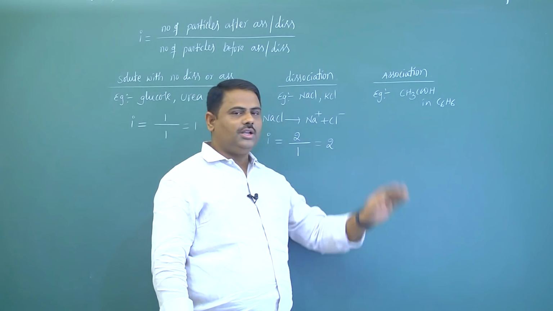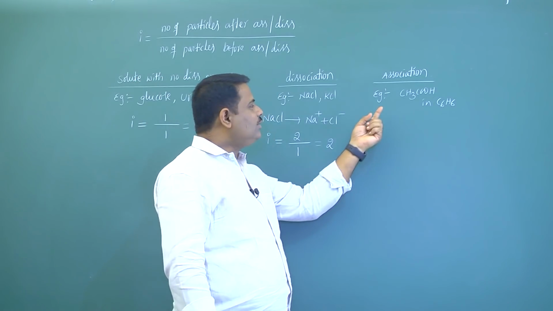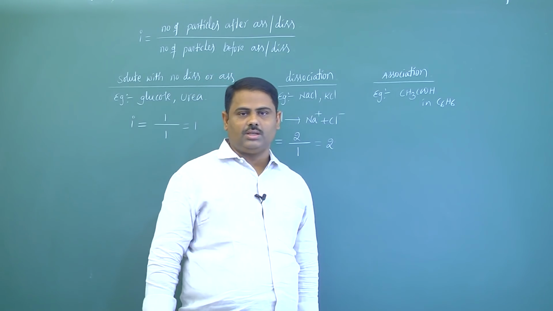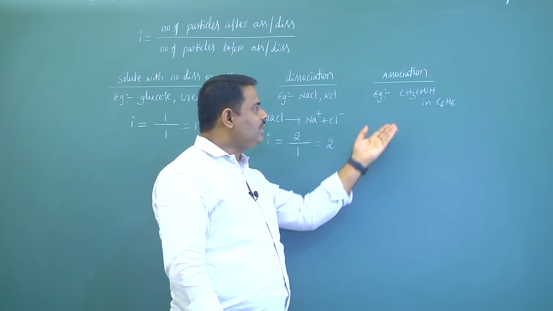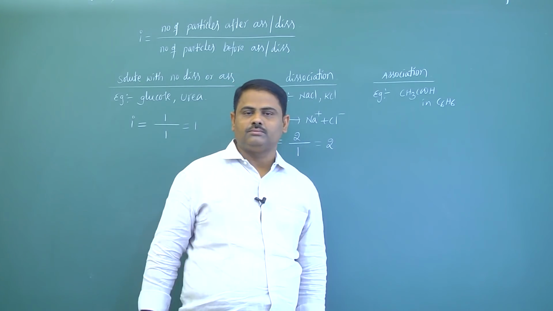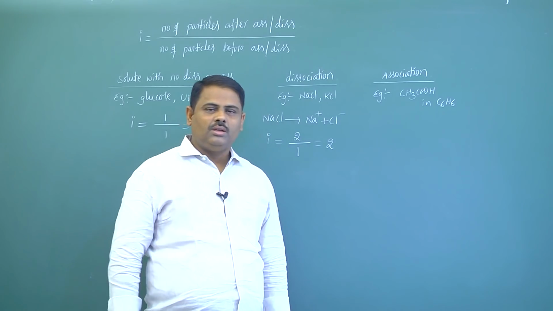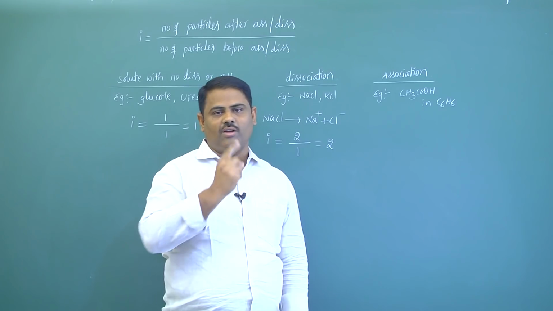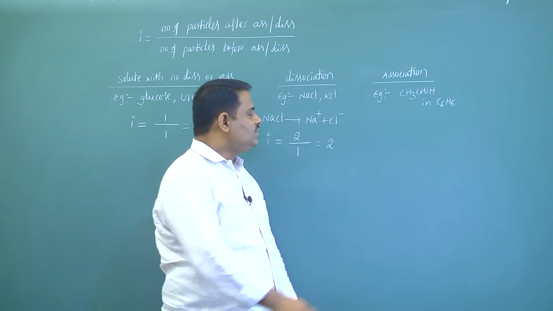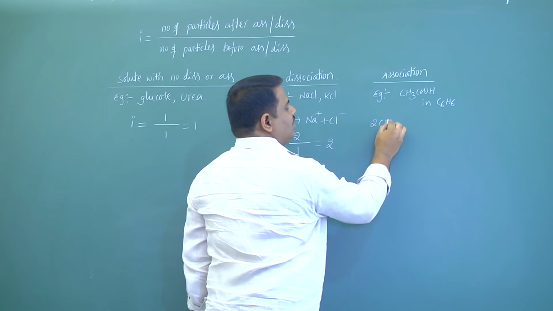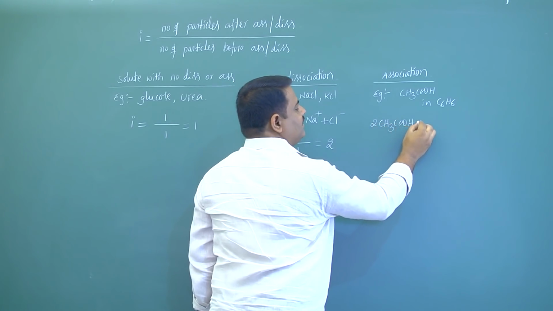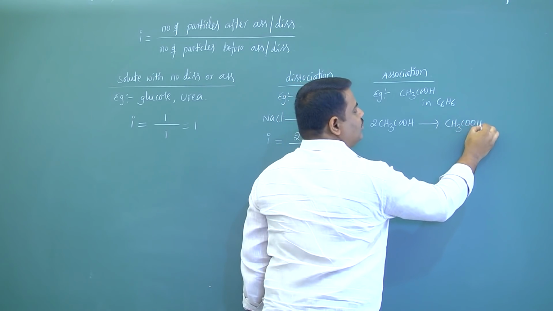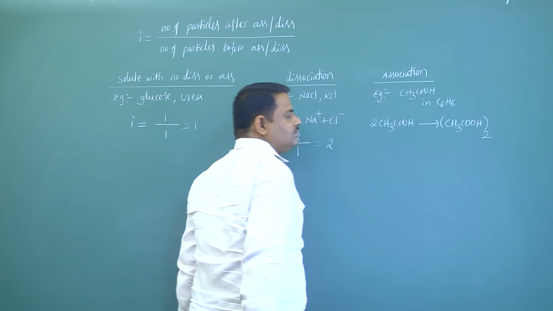Come to the third condition here. If a solute is added to a solvent and that solute undergoes association, for example dimerization. What is dimerization? Here 2 moles of particles undergo association to give 1 mole of particles. So as we know, 2 moles of acetic acid undergo association to give a dimer.